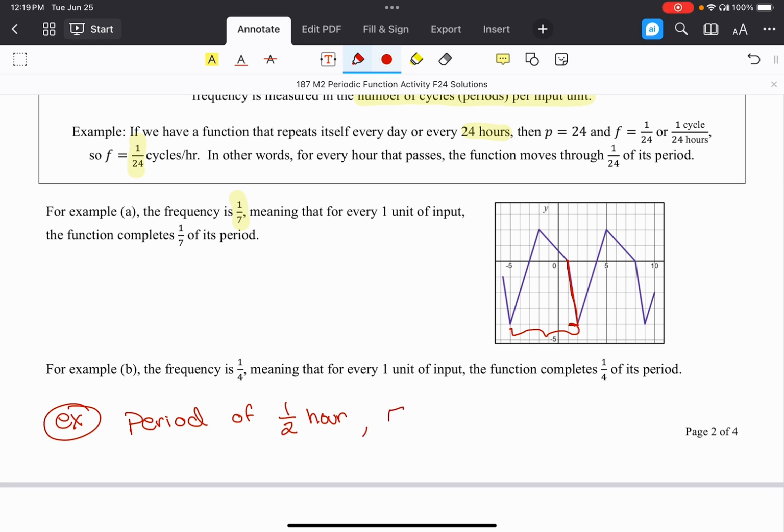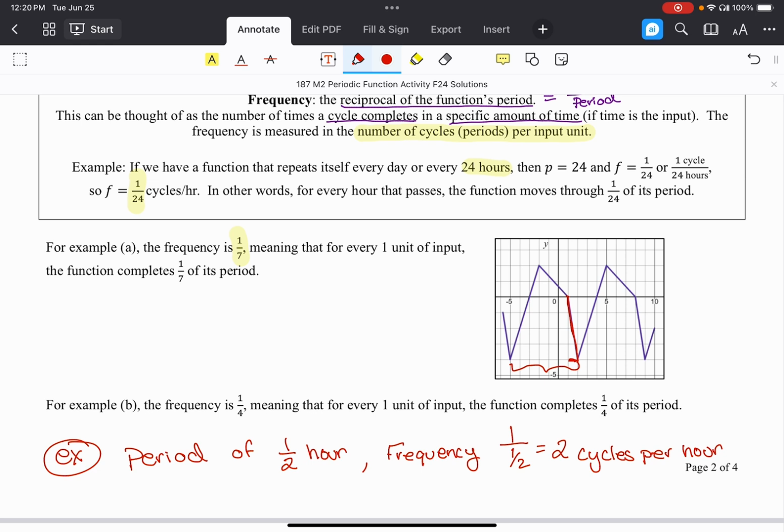Well, technically the frequency would be 1 over 1/2. And if you think about that mathematically, that becomes 2. This actually makes total sense because it's saying you would complete 2 cycles per hour. If in a half an hour you complete 1 cycle, then you're going to complete 2 full cycles in an hour. And that's another way to think about frequency.